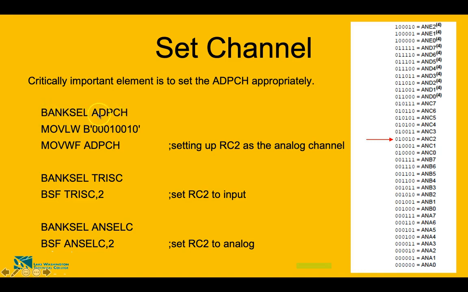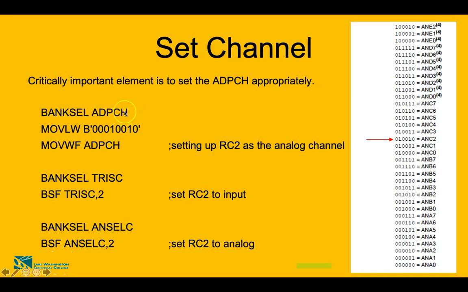So you'll BANKSEL ADPCH, and then you will be moving this literal number, which is 00010010. You might be thinking, why are we moving this literal number into the ADPCH register? So you can see this has been taken from the data sheet, and I also showed you in the last lecture how this particular register looks like on the data sheet.